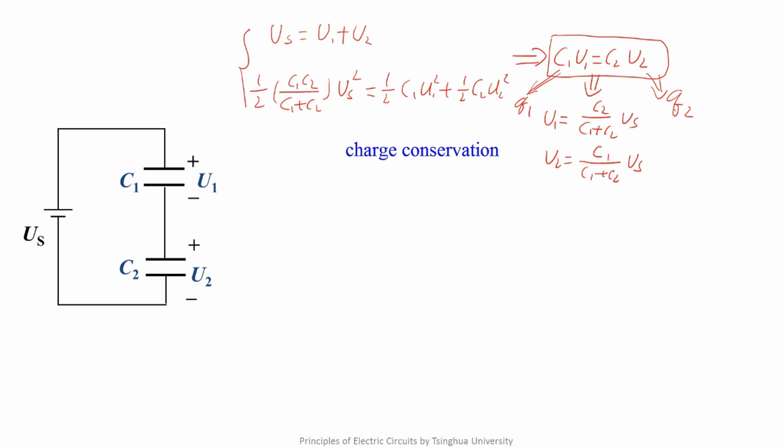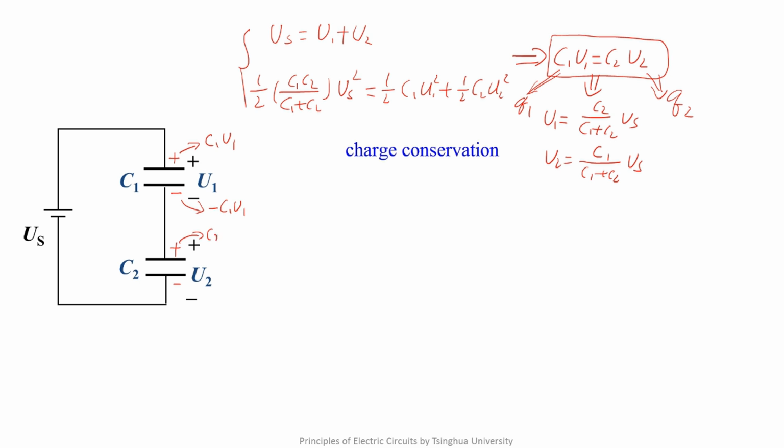How to explain it? Assuming the charges stored here are positive, here are negative, here are positive, and here are negative. According to the properties of the capacitor, we know that the value of the positive charge is C1u1, and the value of the negative charge is negative C1u1.